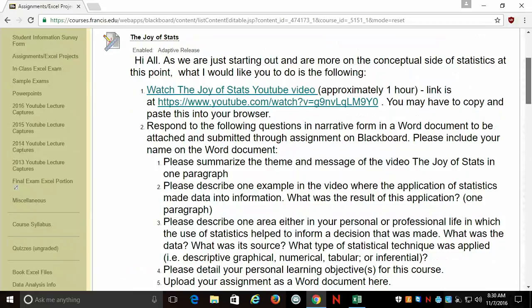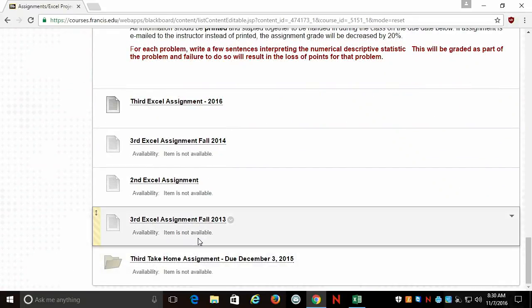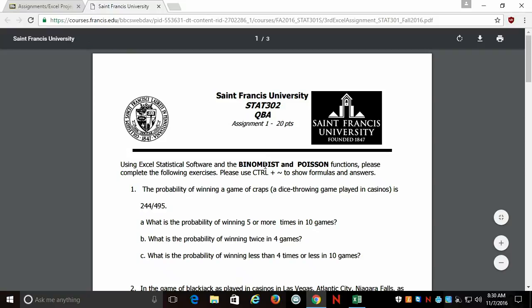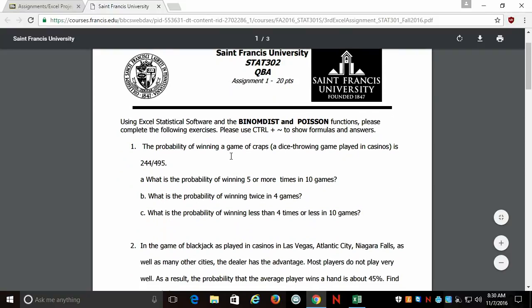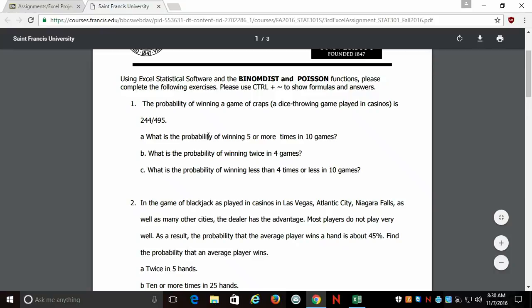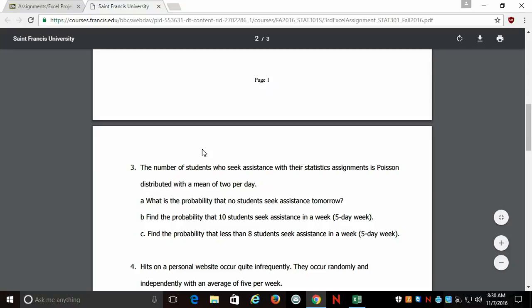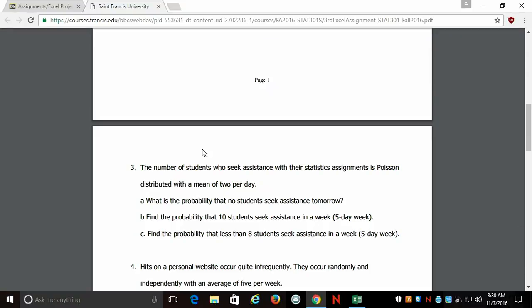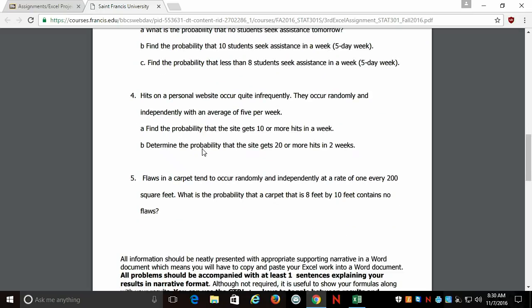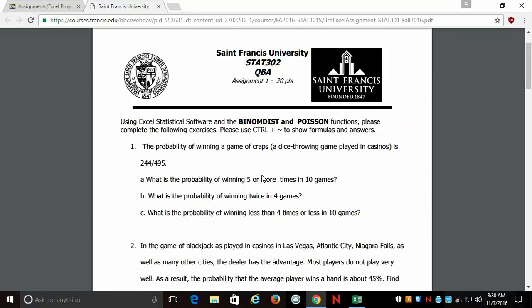It's down here at the bottom somewhere. Yours might look different. But third Excel assignment 2016. So there's 5 problems worth 20 points. It looks like the first 2 are binomial, and the last 3 are Poisson, okay?